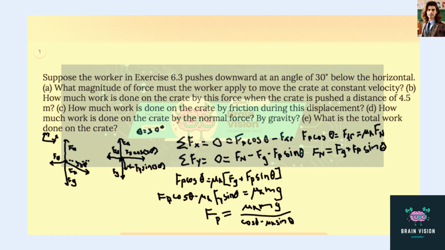And now that we have our expression here, all we have to do is plug in the proper values that we were given in the previous problem. So the coefficient of friction was 0.25. The mass of the crate was 30 kilograms. g is 9.8 meters per second squared.